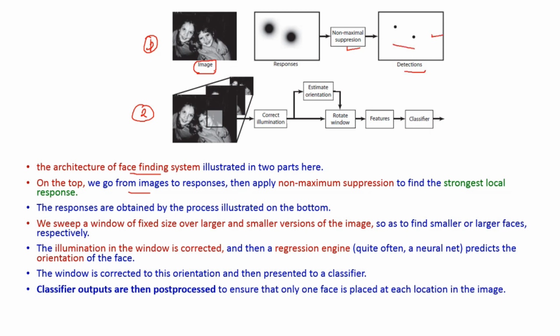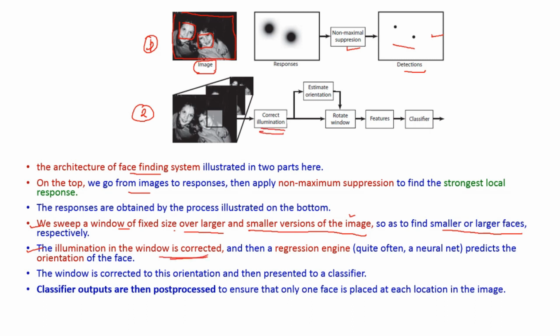When coming to the second part, sweep the windows over the larger and smaller versions of the image. So this is the large version and this is the smaller version of the face, so that we can find the small or large faces respectively. The illumination in the window is corrected, right?